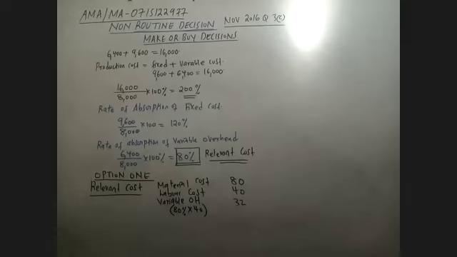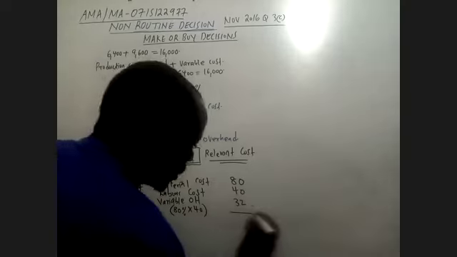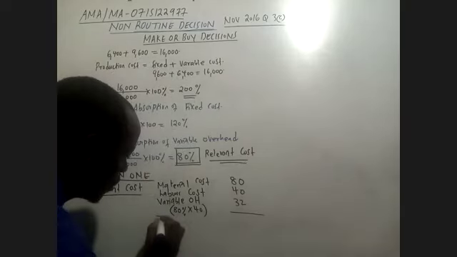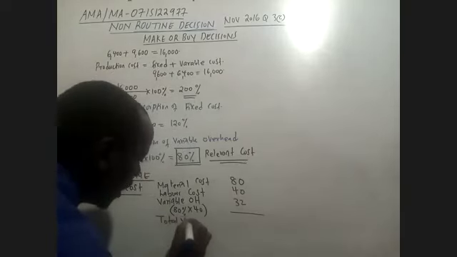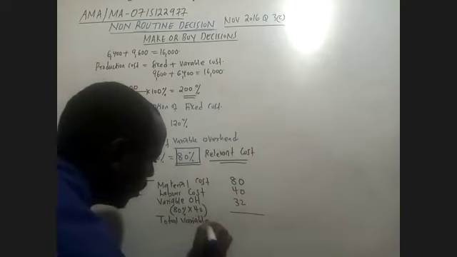Now that one marks the end of non-routine decision, and that one marks the end of application of marginal costing for those doing MA. For those doing advanced MA, we shall continue with the pricing decision.